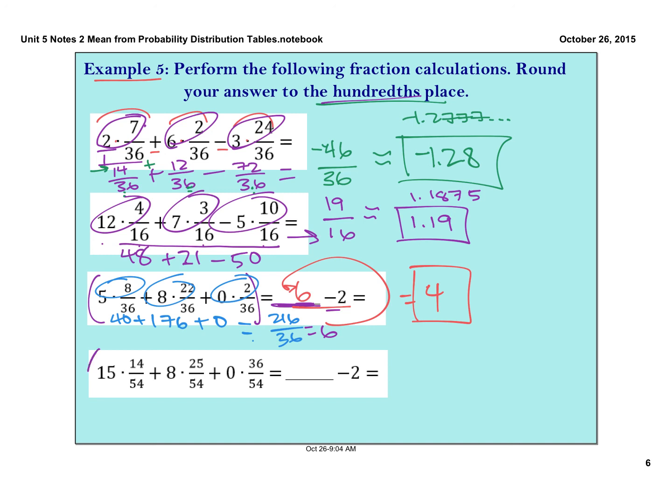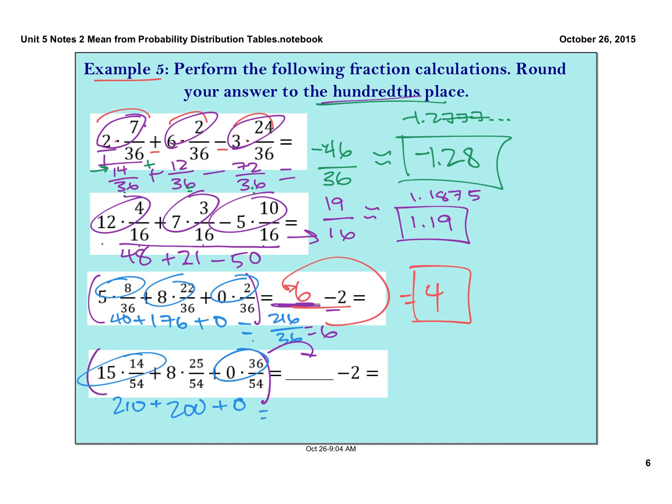So I have this piece of just the multiplication of all these fractions and whole numbers first. Whatever that answer is going to go here, and then I'm going to subtract 2 after. So if I go through and multiply, 15 times 14 gives me 210. 8 times 25 gives me 200. And then again, I'm at a 0 plus 0 times 36, which is just 0.